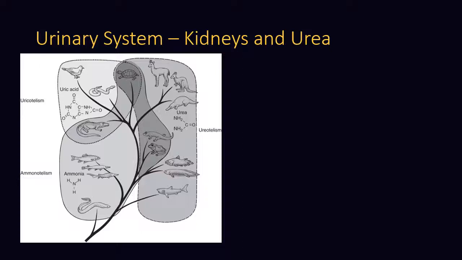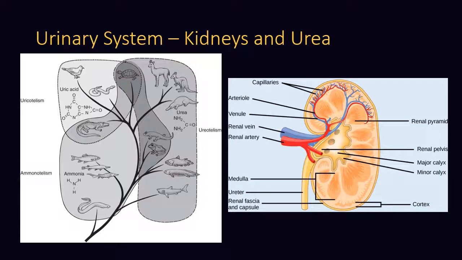But what does separate mammals is the mammalian kidney. Mammals have perhaps arguably the most efficient kidney of all the tetrapods, with its different levels of concentration. So you can have osmosis as you have fluid go up and down the nephrons.